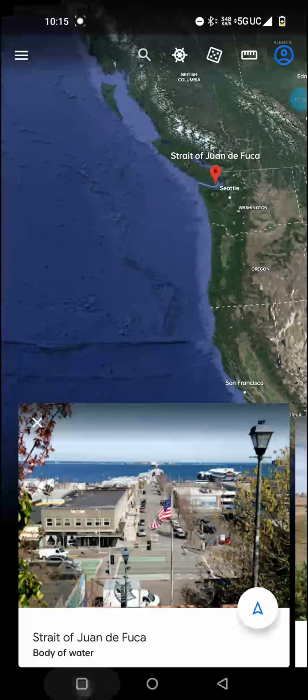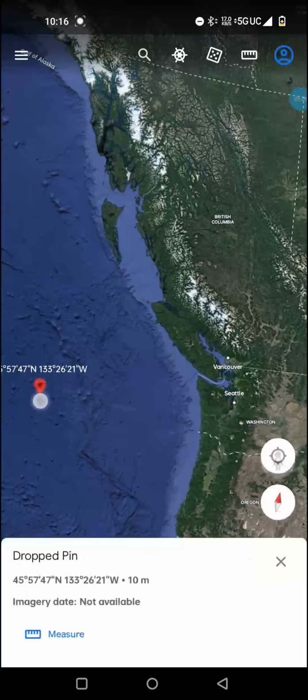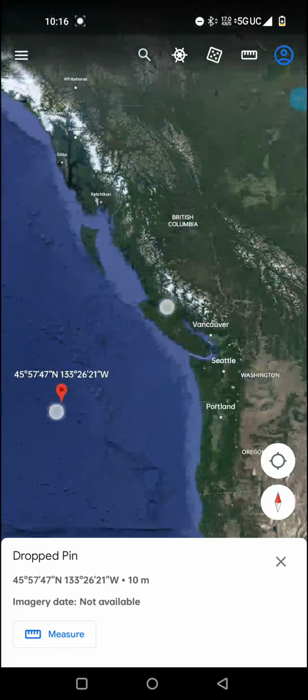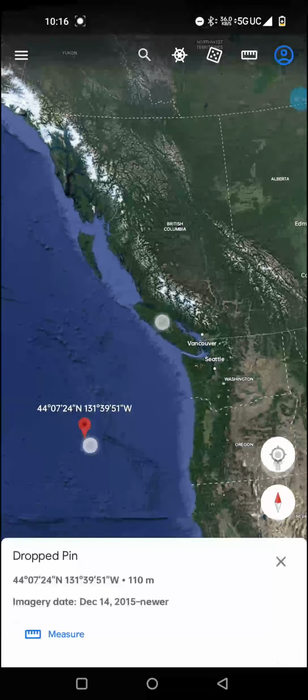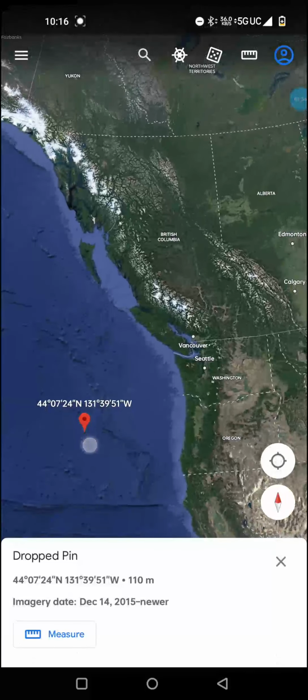It's a plate between two plates. It's a small plate. And I guess it goes from here to there, like there.